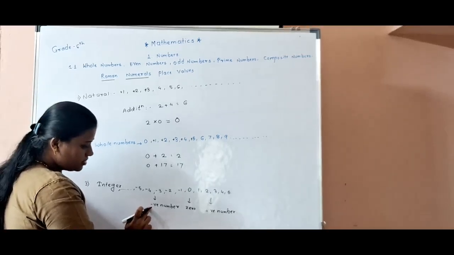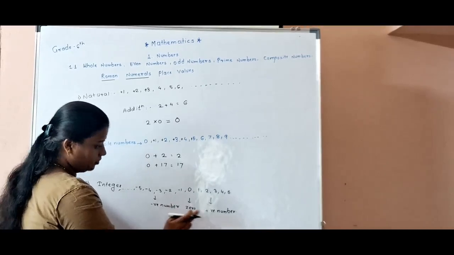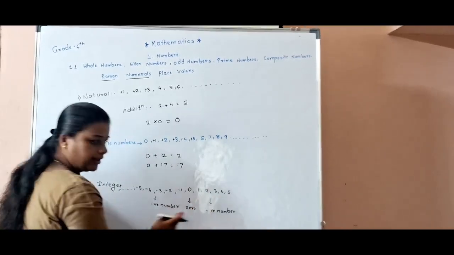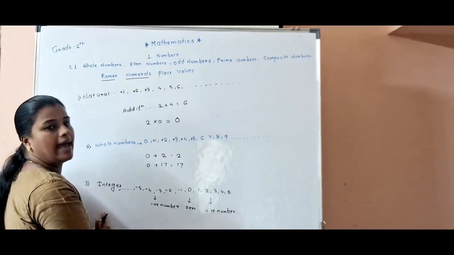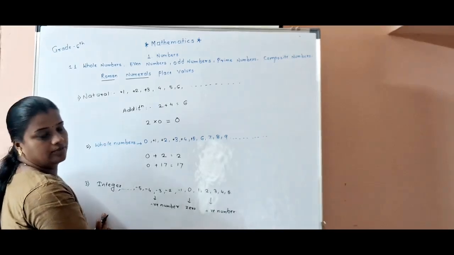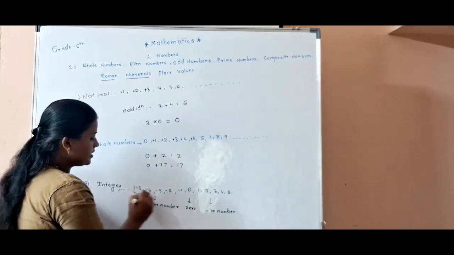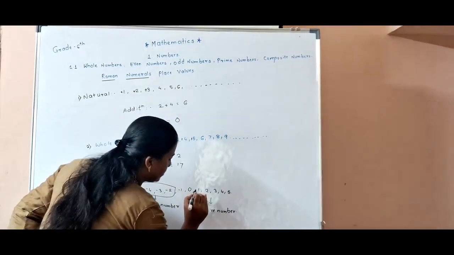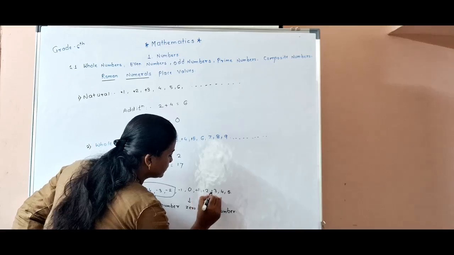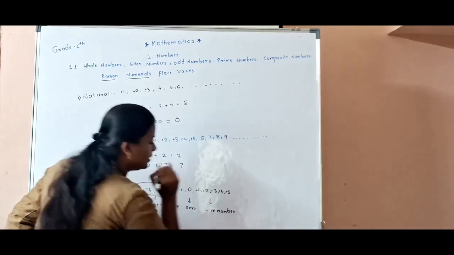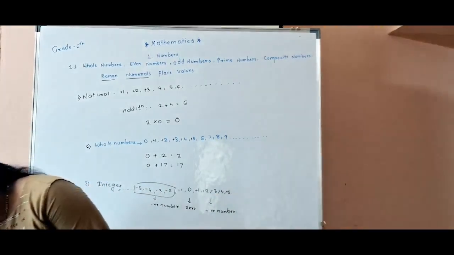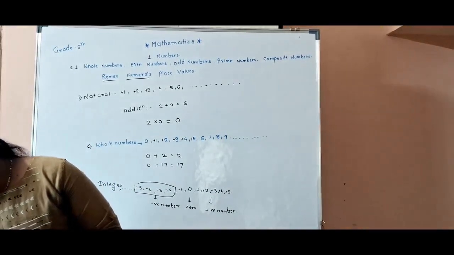So negative numbers, 0 and positive numbers, all together are called integers. Numbers with a negative sign are negative integers, and numbers with a positive or plus sign are positive integers.